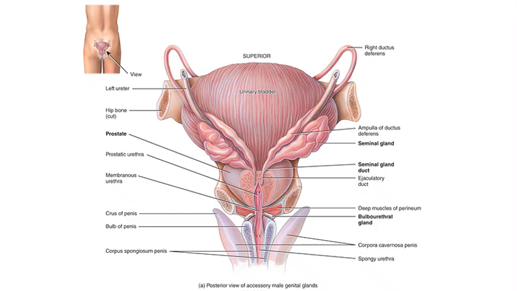Abnormal or delayed liquefaction of clotted semen can cause complete or partial immobilization of sperm, inhibiting their movement through the cervix of the uterus. After passing through the uterus and uterine tube, the sperm are affected by secretions of the uterine tube, a process known as capacitation.